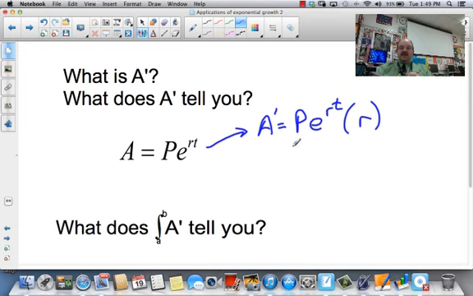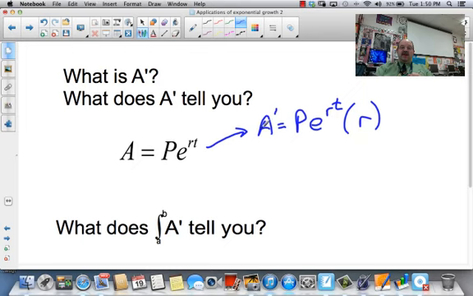So basically what this is saying is that it is telling you how the amount of money in your bank is changing at any particular time. And it's changing based on the amount that you have, how it's growing, multiplied again by the rate of change at that particular point in time.